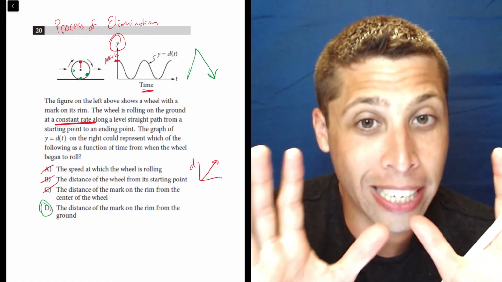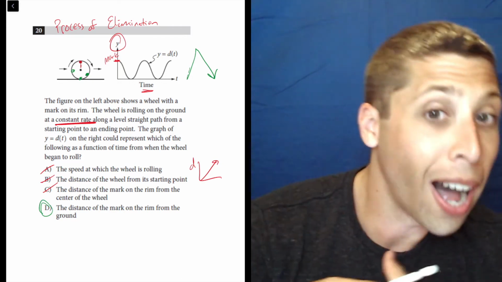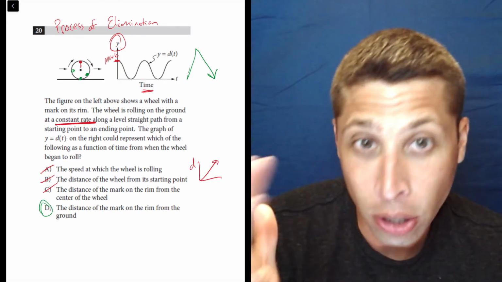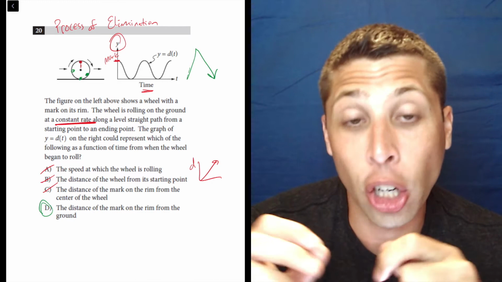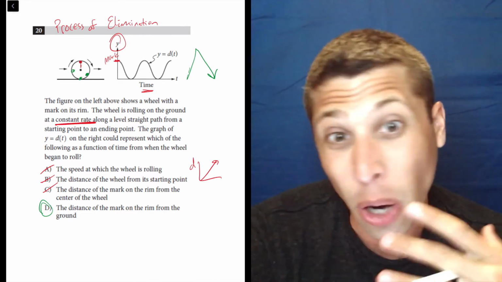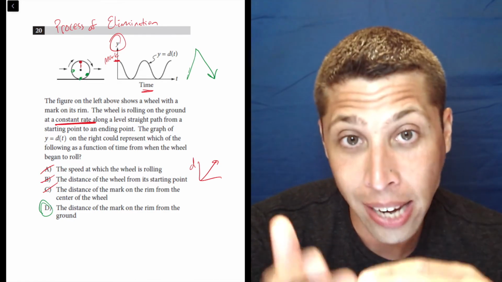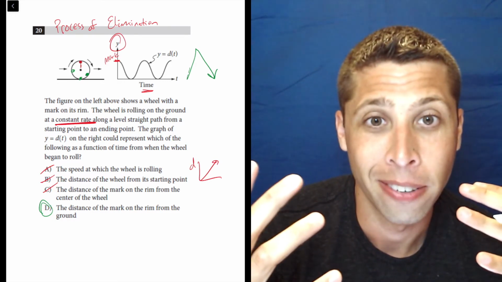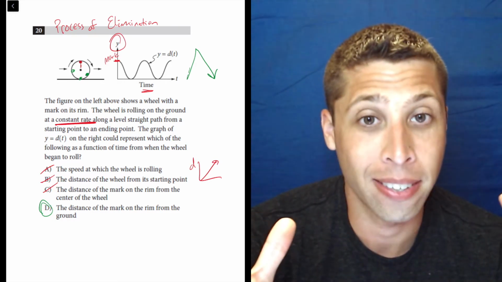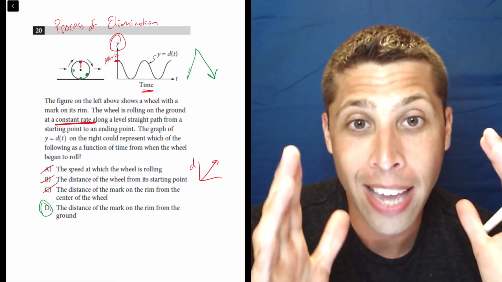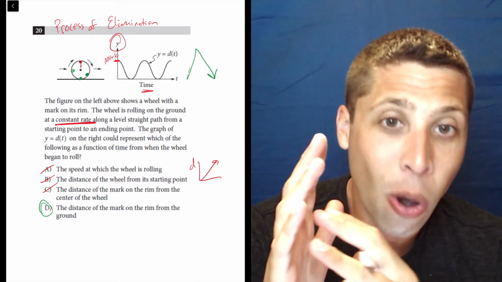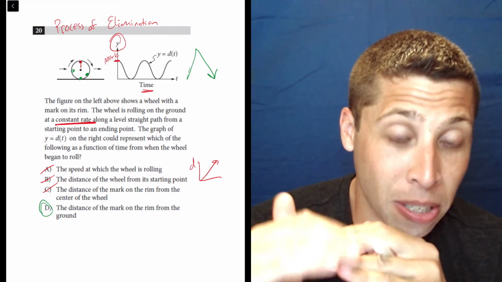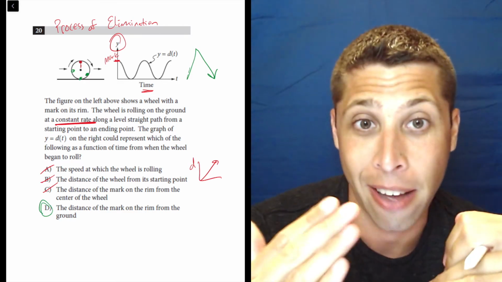I don't really care why this up and down looks this specific way, looks like a curve. This is, in fact, I guess like a cosine curve, kind of. I don't care why trigonometry is involved. It doesn't impact at all my answer choice, because the only thing that I'm deciding on is up and down.